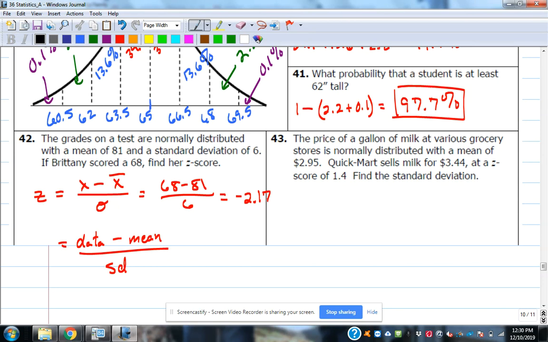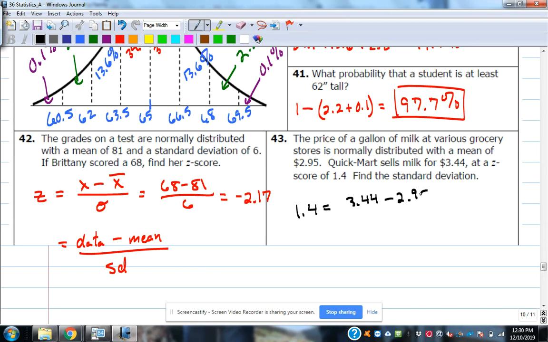43, the price of a gallon of milk at various grocery stores is normally distributed with a mean of $2.95. Quick Mart sells milk for $3.44 and has a z-score of 1.4. They want us to find the standard deviation. This is an algebra problem. We know the z-score. We know the data point.